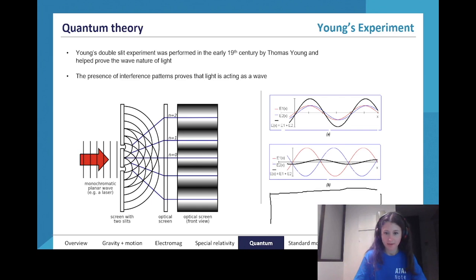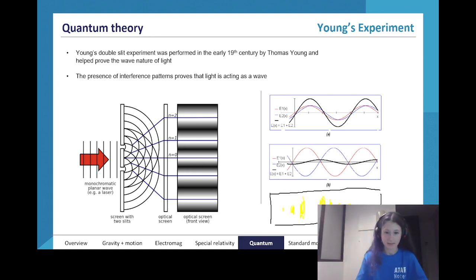The pattern that he saw was a big pattern of light, two big patterns of light with petering out sections on either side, which describes an interference pattern of waves.